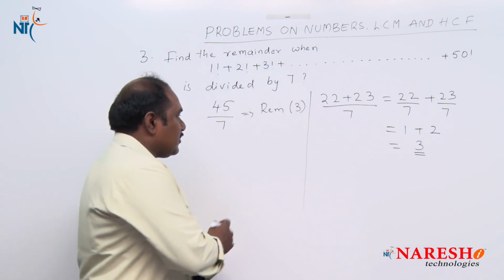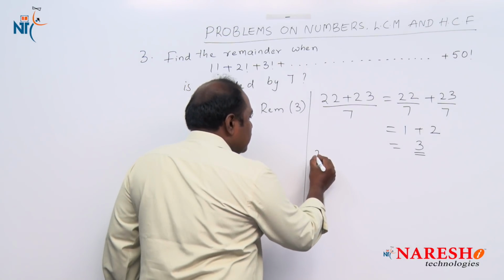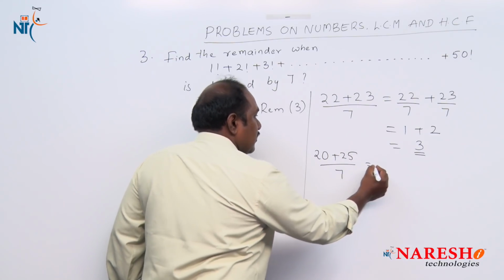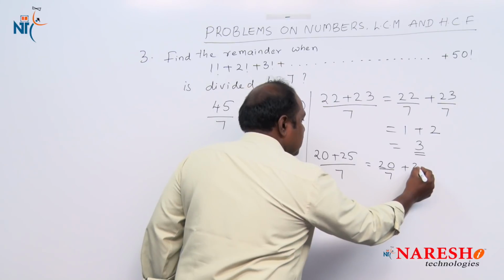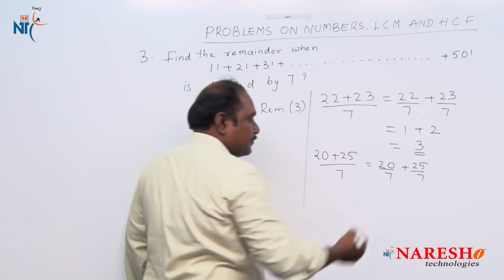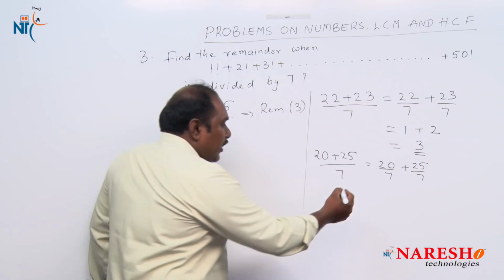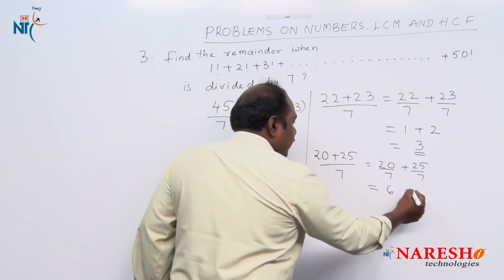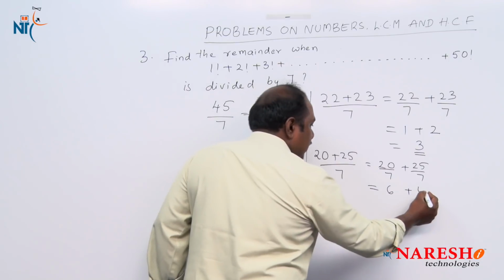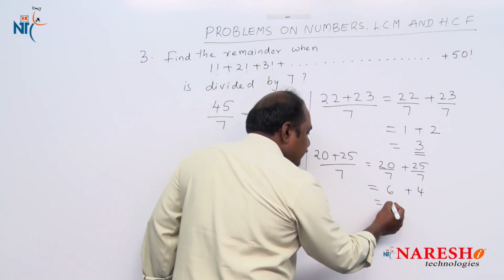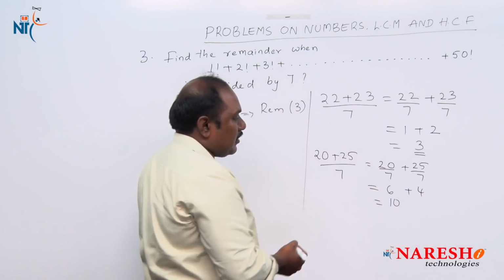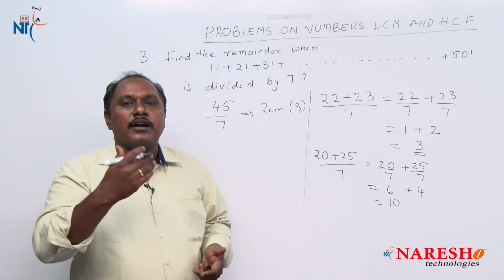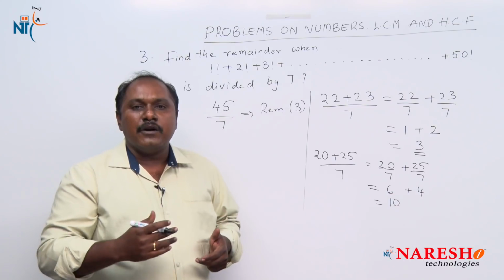One more example, same 45, let us try to split it as 20 and 25 by 7. Now, 20 by 7 plus 25 by 7. 20 if I divide with 7, the remainder is 6. 25 if I divide with 7, the remainder is 4. 6 plus 4 is 10. But we know that we cannot get a remainder 7 or greater than 7 when you divide a number with 7.